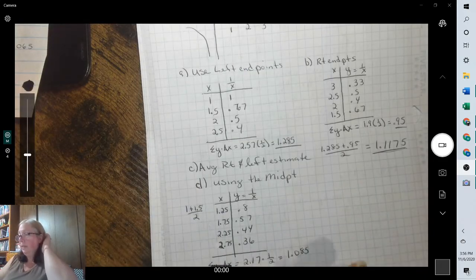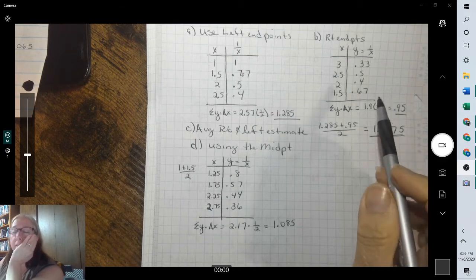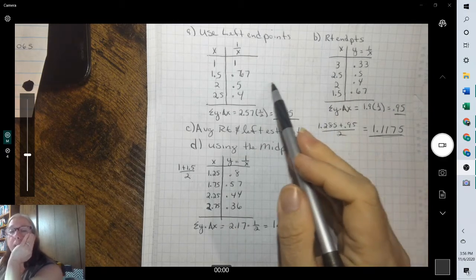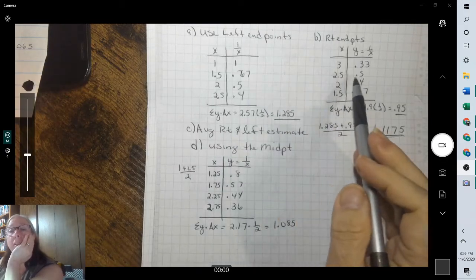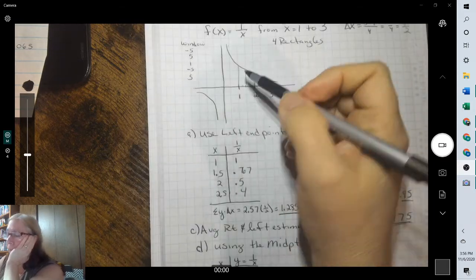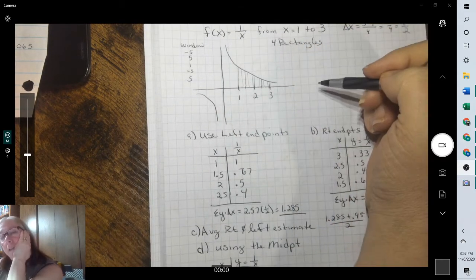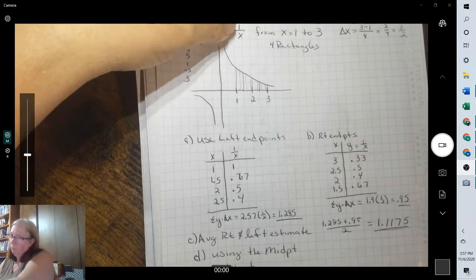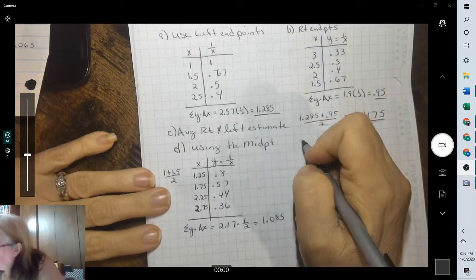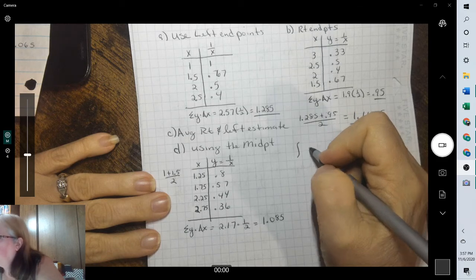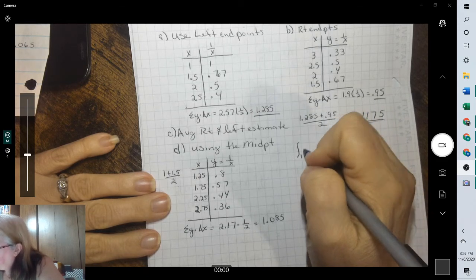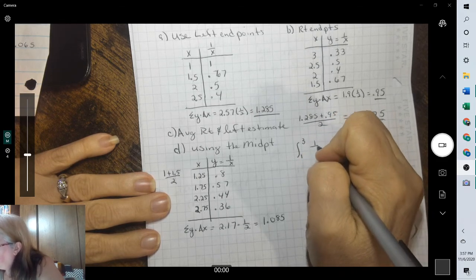So before we had anti-derivatives or integrals, we used this process of rectangles. And we found that the more and more rectangles we got, the more accurate it was. Now to use the integral, we're going from 1 to 3, and our function was 1/x.